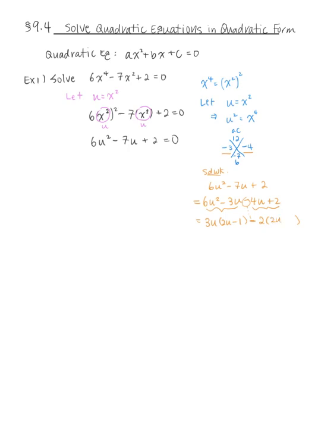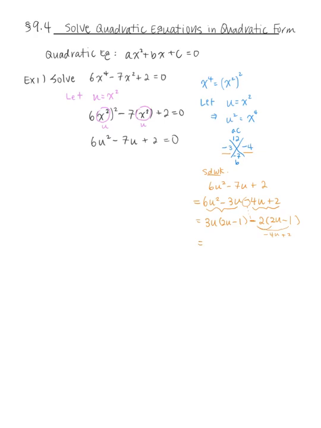Because look, if I distribute the minus 2 to 2u, then you're going to have minus 4u. So it makes sense. And then the next term has to be plus 2, so it has to be minus 1. Does it make sense? If I distribute this, you're going to have minus 4u, and if I distribute this negative 2 to 1, I'm going to have plus 2. So I think this is good to go.